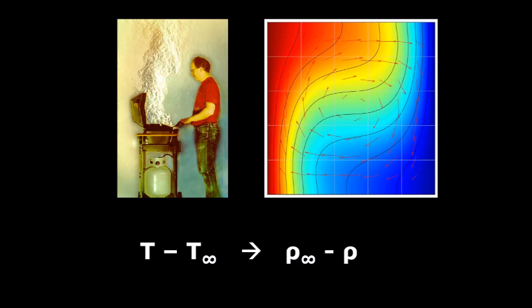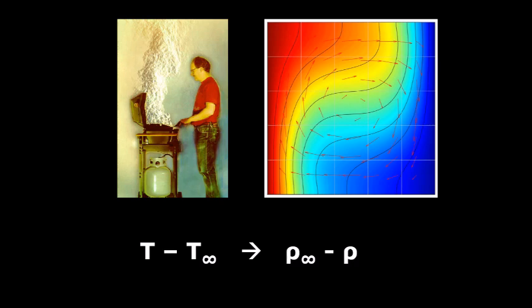As you can see here, when you are using, for instance, a barbecue, you can observe a sort of turbulent flow over the grill. Why is that? What's happening there is that there is a massive temperature difference between the grill surface and the temperature of the air.